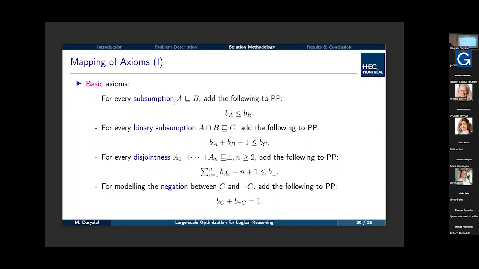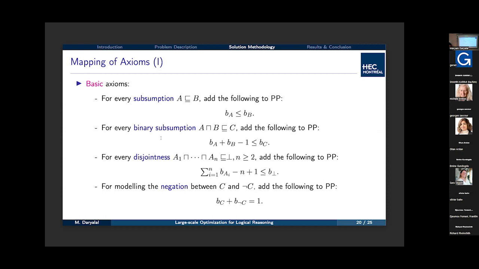For subsumption, because now I'm dealing with binary decision variables, if I have BA, naturally I will have BB too. It's a subsumption relationship. So if I'm a full-time student, then I'm a student too. Because of that, if BA is 1, then BB should be equal to 1 as well.